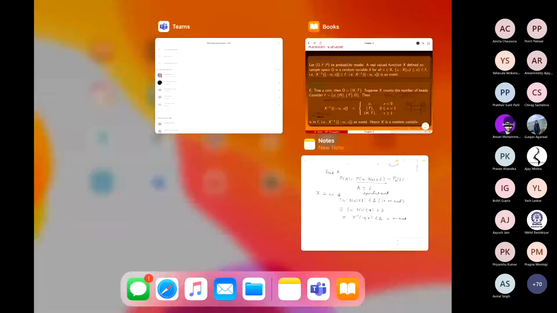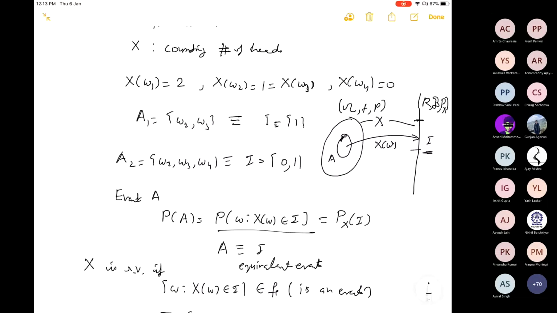When R is the real line, then the corresponding subintervals of the real line are contained, and this B is known as the Borel sigma field.